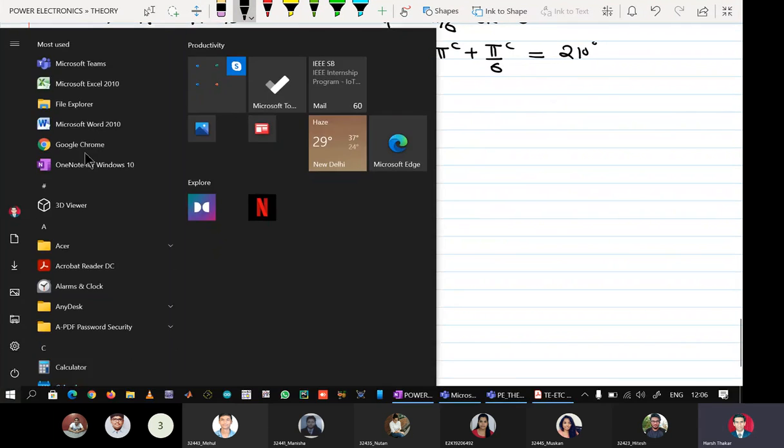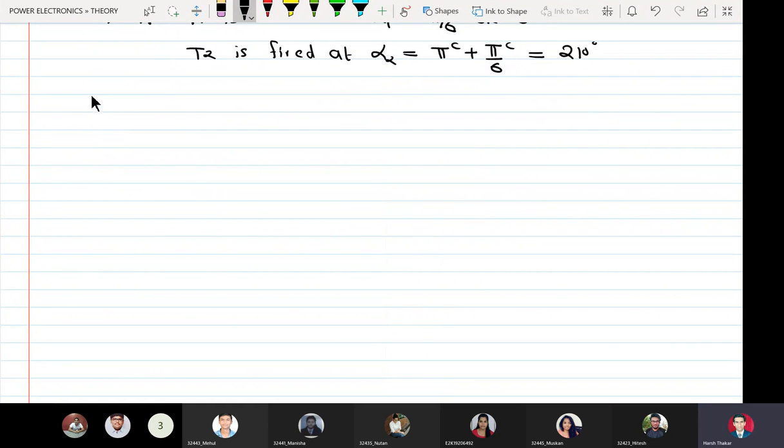The load voltage waveforms will be very simple.